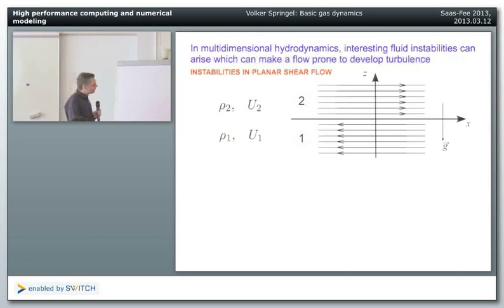Now the question is, this gas will happily flow in this sort of shear when you have basically a tangent orthogonal to the flow direction. You have a change of the fluid speed. This is what you call a shear flow. So if u1 and u2 are unequal, then you have a shear flow.